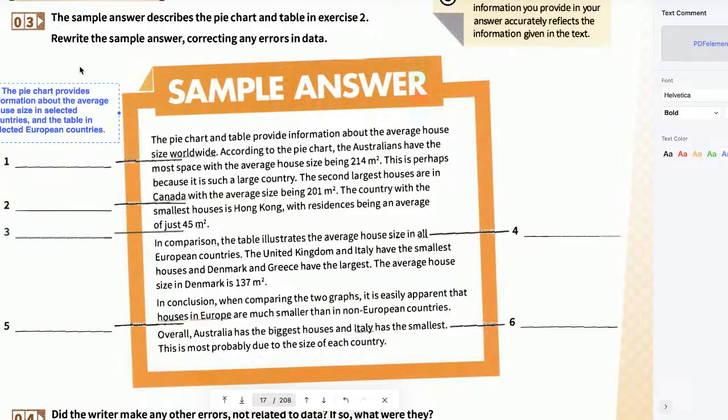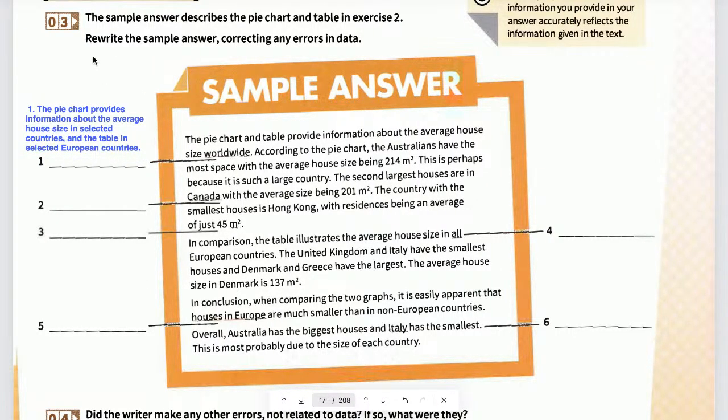So you can say the pie chart provides information about the average house size in selected countries and the table in selected European countries. Okay? It must be very clear. Understood? The pie chart is some selected countries, and the table is some selected European countries. Okay guys?